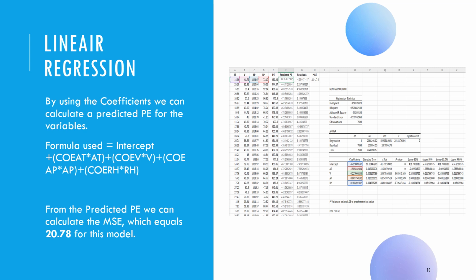This slide represents the output of the prediction calculation. I produced this table by using the coefficients to calculate the predicted PE for the variables.